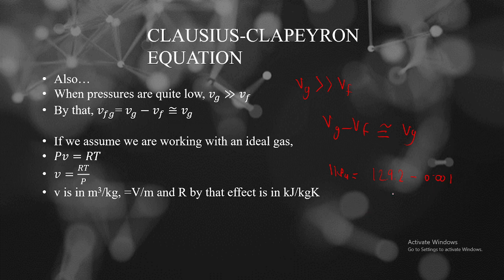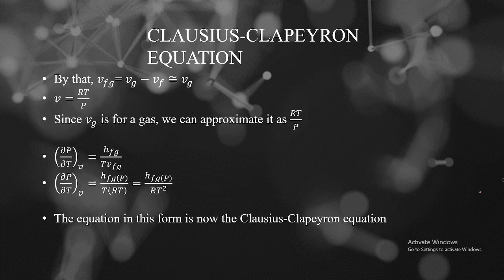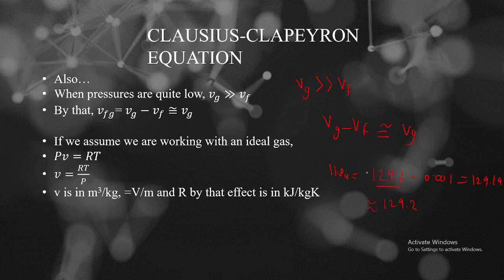So it's actually safe to say that this is approximately equal to just 129.2, because the value of Vg is way larger than the value of Vf. If we actually compute this, we'll be getting 129.199, which is approximately equal to our 129.2.